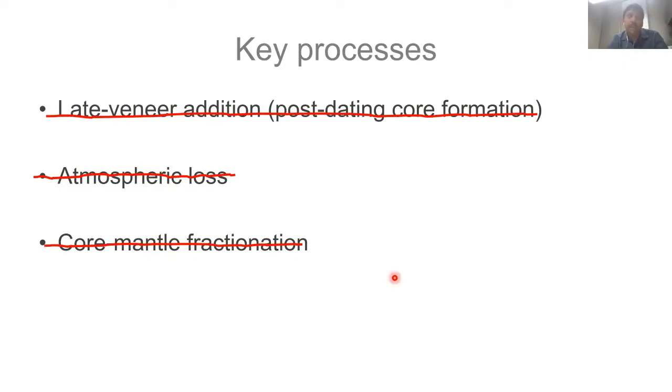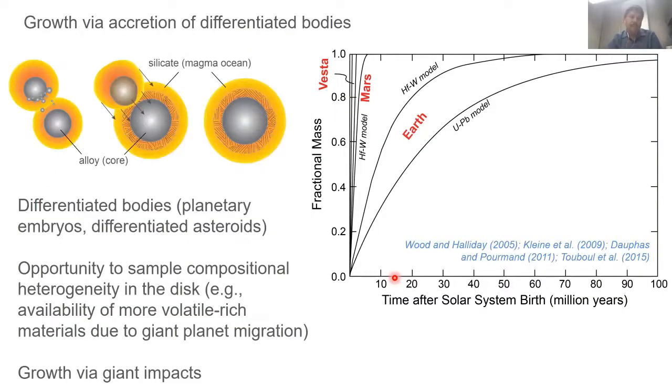So then we started thinking, what could be some of the ways that we could get around these potential challenges? One of the things we considered was that a large planet like ours not only grew by accretion of undifferentiated bodies, but it also grew by collisions with large differentiated bodies, like different size planetary embryos and asteroids and so on.